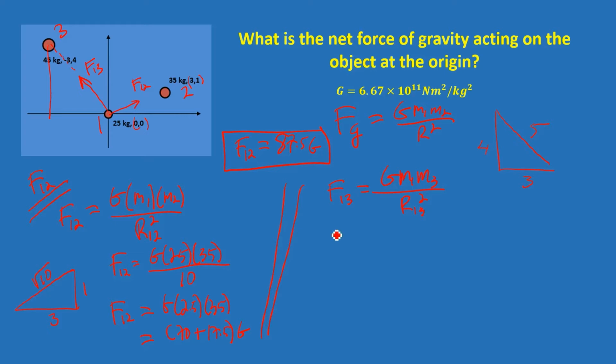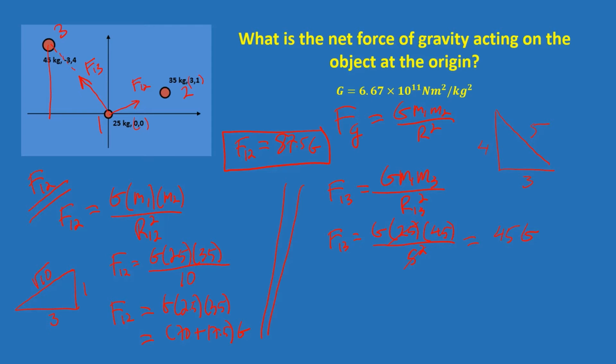And so we get F13 is equal to big G times M1, which is 25, times M3, which is 45, divided by R13 squared, which is 5 squared, or 25. Therefore, these two cancel out, and we're left with 45G.